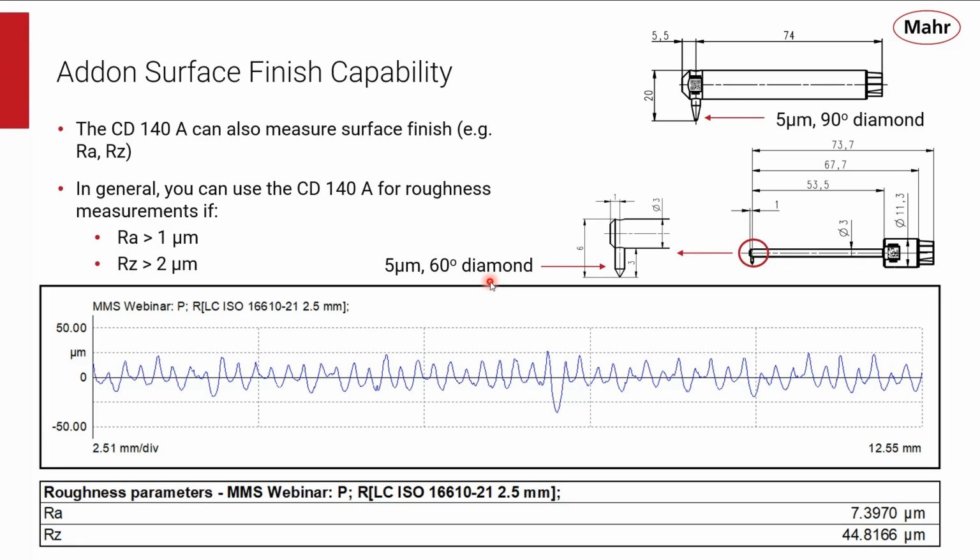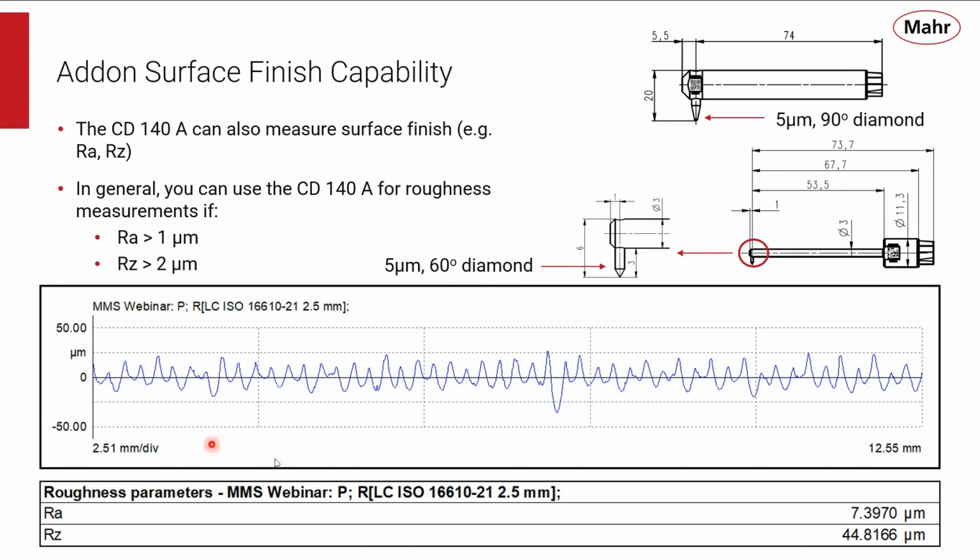But for those surfaces that have perhaps both contour and roughness callouts, you can do both contour and roughness within a single stroke and not have to perform multiple measurements to get both contour and roughness results.